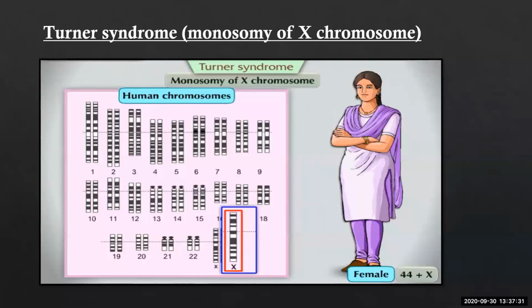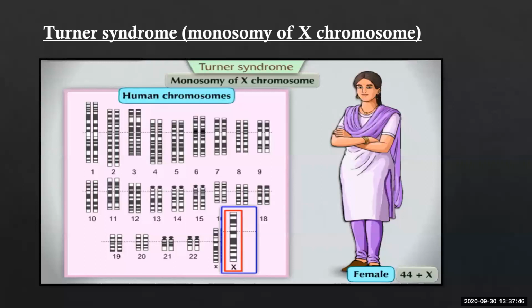There is a monosomy of X chromosomes, which means one of the X chromosome is not working or is inactive. So that only one X chromosome is working, so that the reproductive organ of the female is not very well developed.